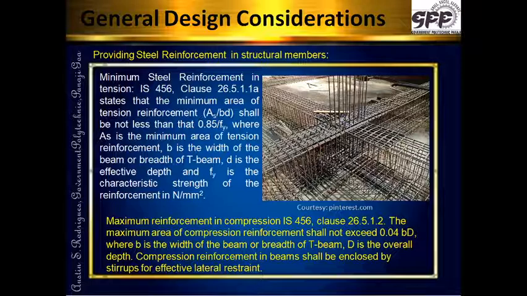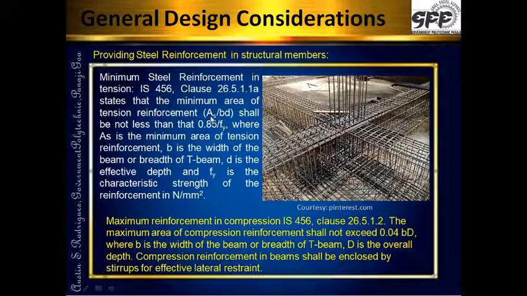How much should be the minimum steel provided whenever we design a structural member? Suppose I'm designing a beam, how much should be the minimum steel to be provided? Now the clause 26.5.1 clearly says that the area of steel upon BD, that is percentage of steel, shall not be less than 0.85 upon Fy. 0.85 divided by Fy.